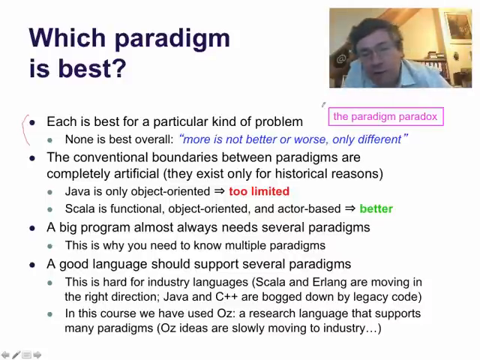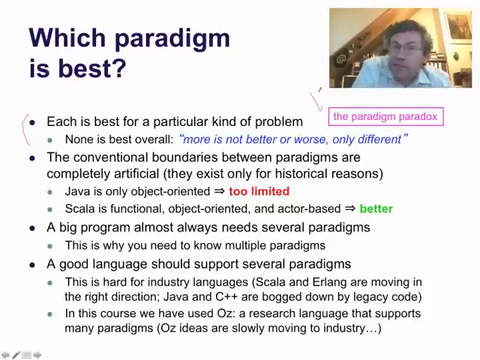We call this the paradigm paradox, because it might seem that having more concepts is better. What could be worse? But in fact, it's not, because more concepts means that reasoning and testing are more complicated. The program does not obey simple laws, but will obey more complicated laws. It will be harder to design, and maybe the simpler laws are exactly the ones that you need.